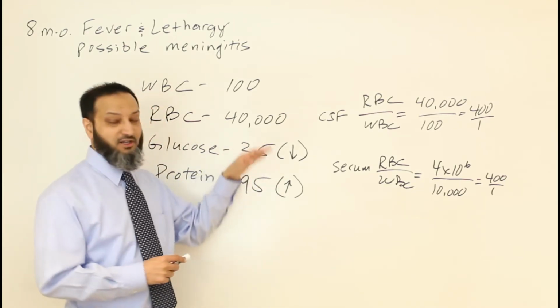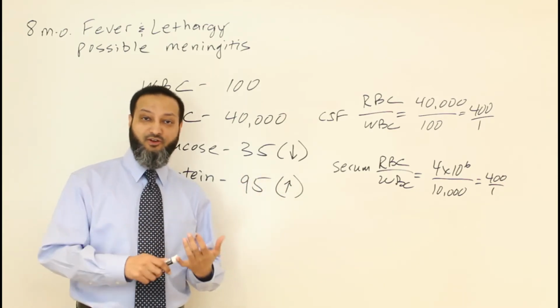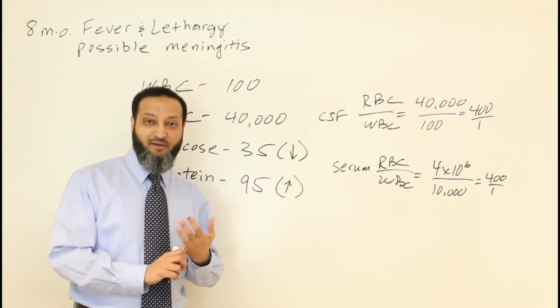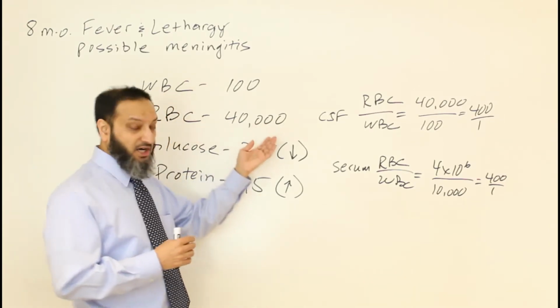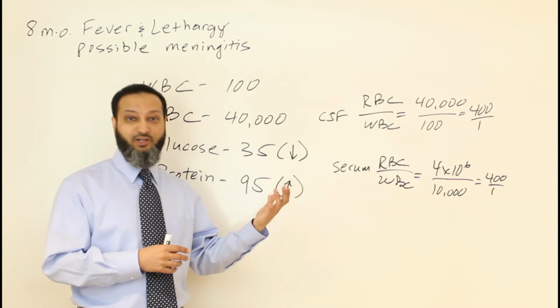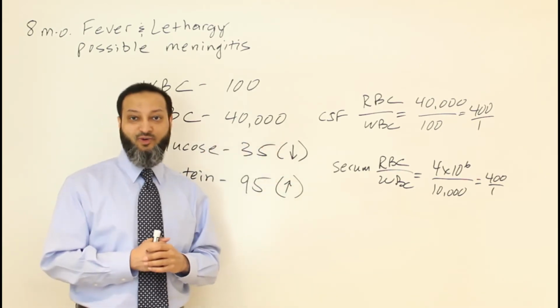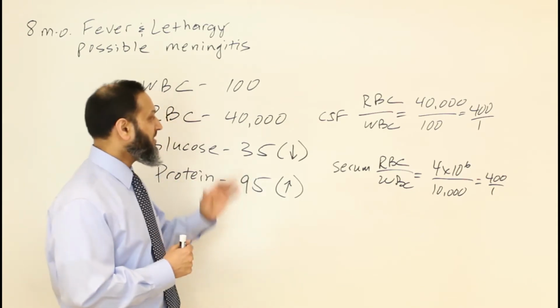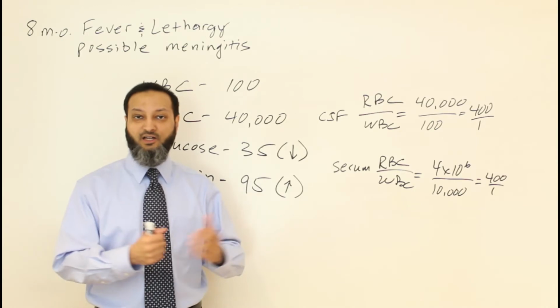These 40,000 red cells are from the traumatic tap versus the child presented with lethargy and vomiting and a bulging fontanelle. And how do you know this kid does not actually have blood in the spinal fluid and intracranial hemorrhage from trauma or a spontaneous bleed causing these 40,000 red cells to be present? So the way you would do that is there's two ways to help determine that.